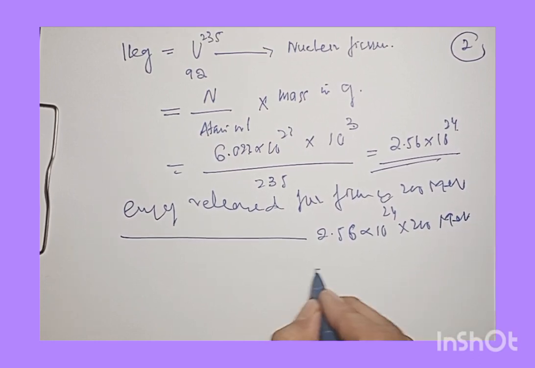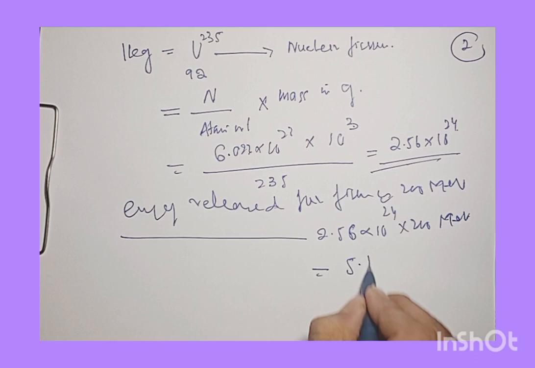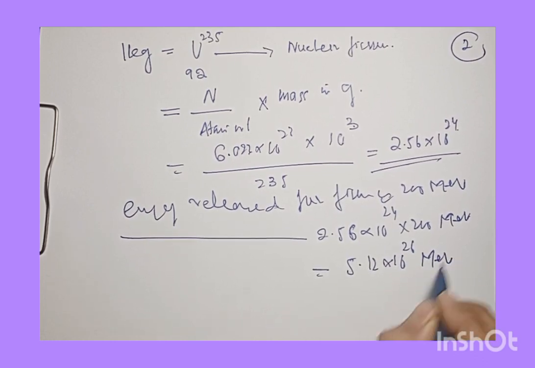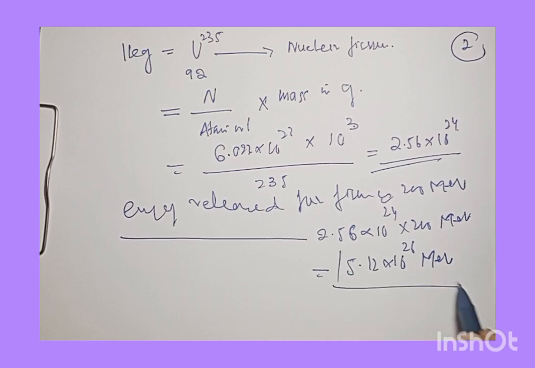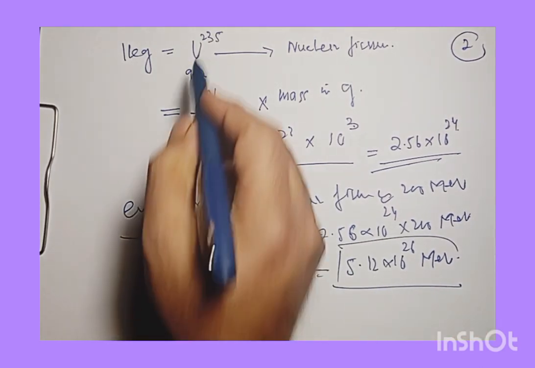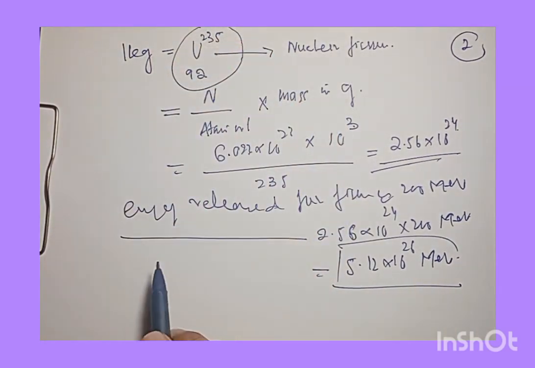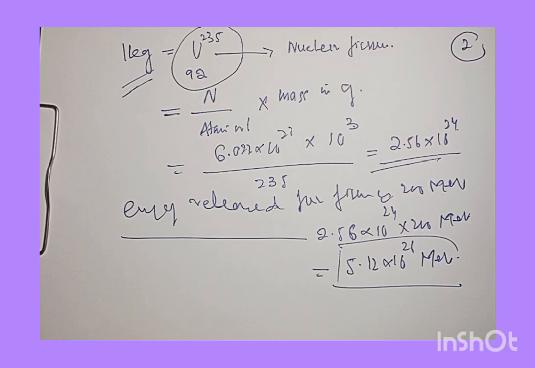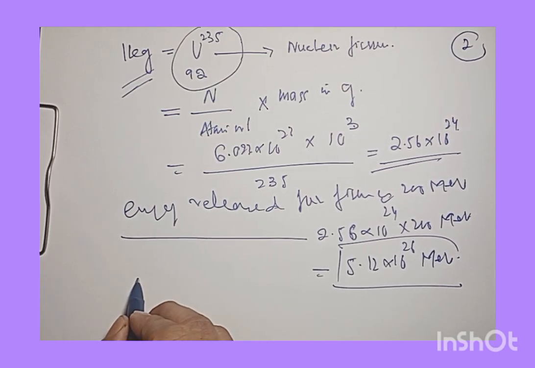This comes out to be 5.12 into 10 to the power of 26 mega electron volts. So this much energy can be released by nuclear fission if we take 1 kilogram of uranium atoms.